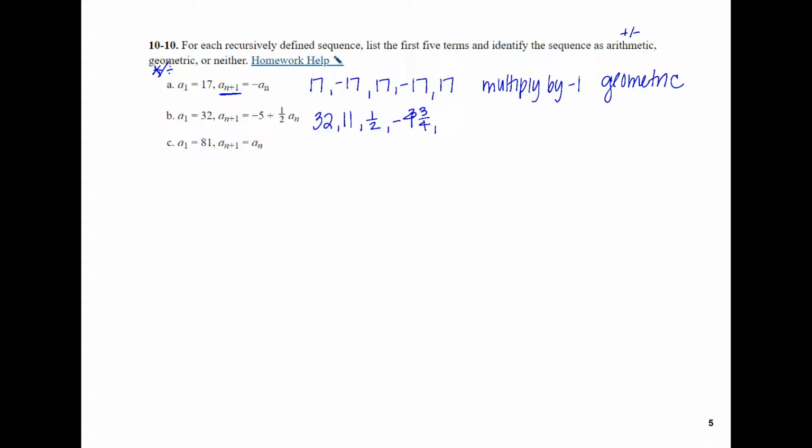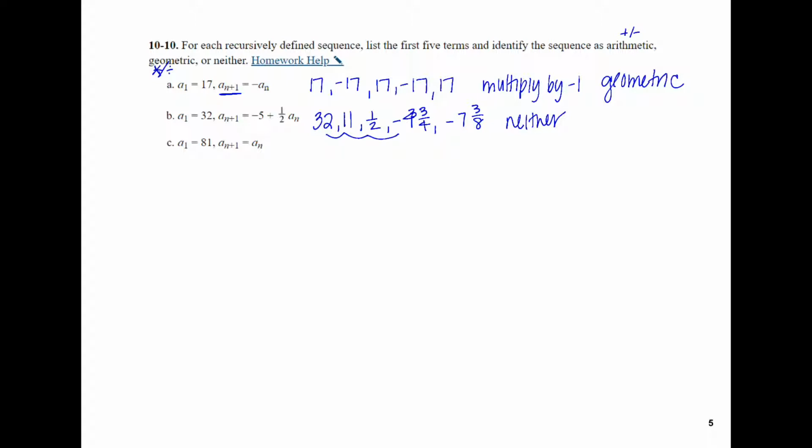Half of negative 4 and 3/4 minus 5 gives me negative 7 and 3/8. When we look at letter B, this would be an example of neither because we are neither multiplying, dividing, adding, or subtracting to get from one term to the next.